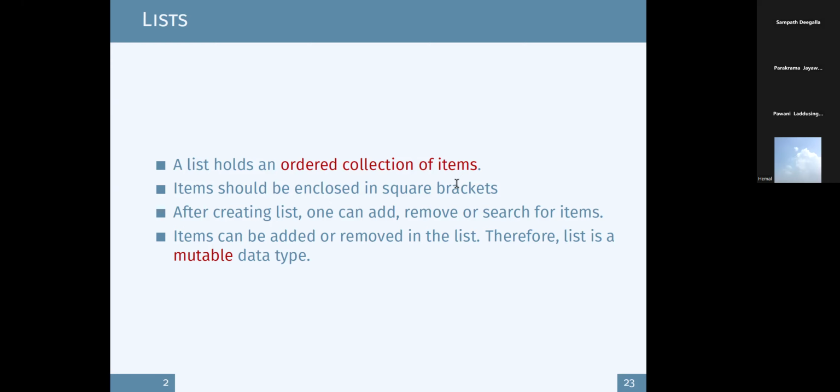Once you create it, you can modify it the way you want. You can add, you can remove, you can search for anything, and you can even sort, or even delete it. Therefore, this data structure, the list, is what we call a mutable data type. I'll explain it using a simple example.